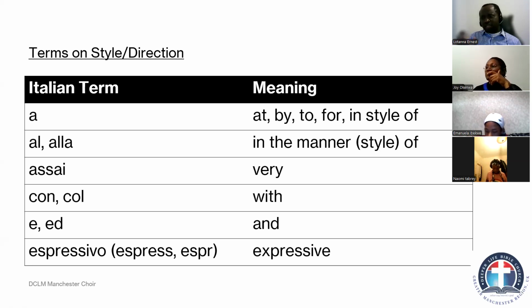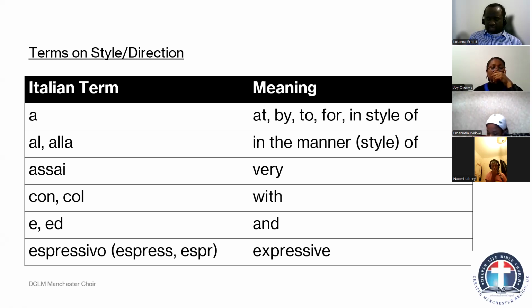These words don't stand in isolation. They are always used in conjunction with other terms and signs. The same thing when you see al or alla, it's in the manner of, in the style of. Like you have alla marcia, in the style of a march.